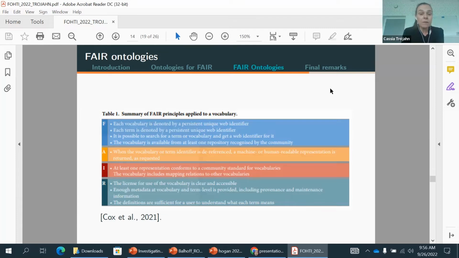The vocabulary is dereferenceable, so you can access this vocabulary and have a machine and human visualization in HTML, for example. This vocabulary or ontology conforms to standards used in the domain. You have clear information on the license, on the usage, and enough information for the user to understand each term. So I refer to this paper. This is a very nice paper that describes the 10 simple rules for making ontologies FAIR.